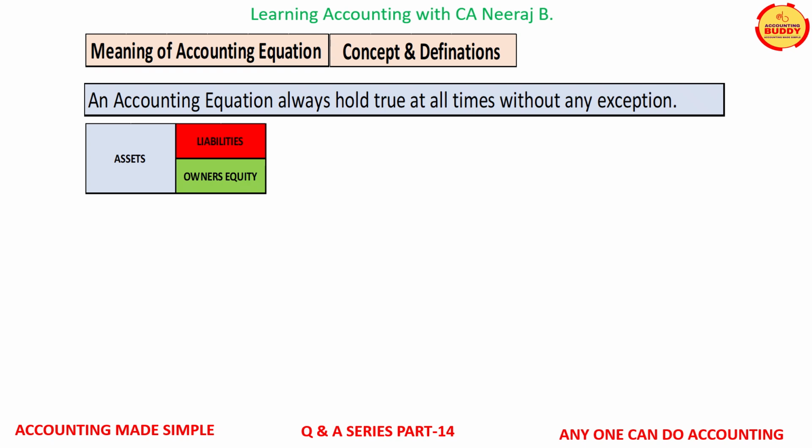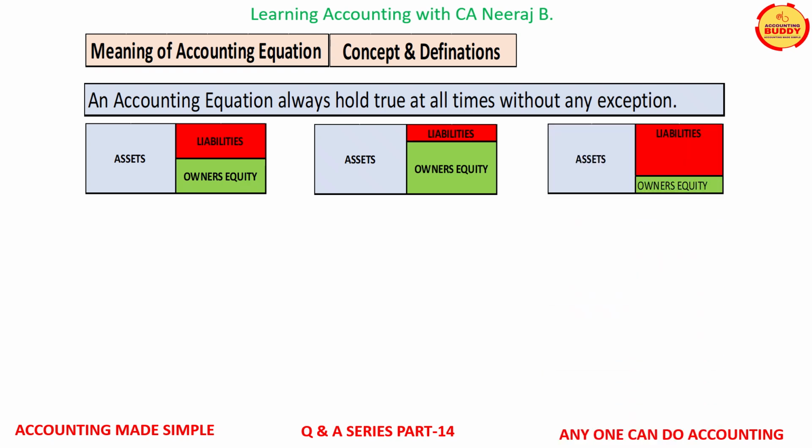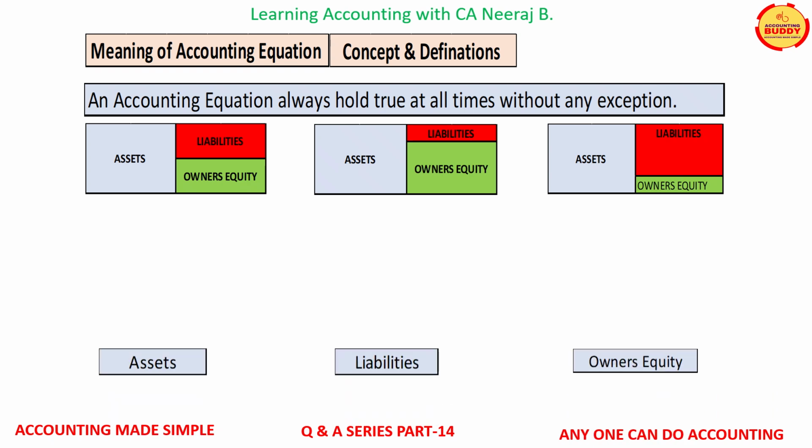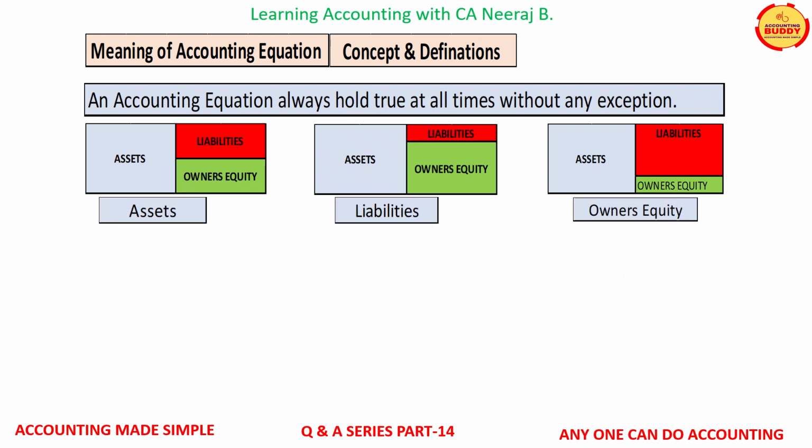With each business transaction, the value of assets, liabilities or equity will change. However, right hand side will always be equal to the left hand side of the accounting equation. That means the proportion of liabilities and owner's equity might change, but their sum total will always be equal to the total assets of the business. Always remember this fact.